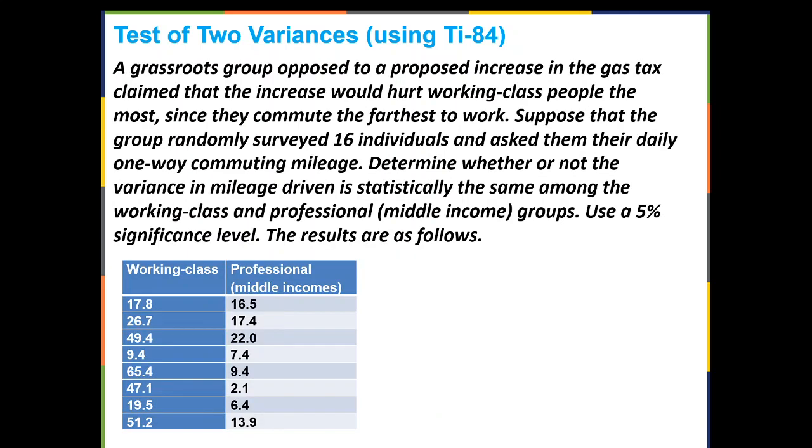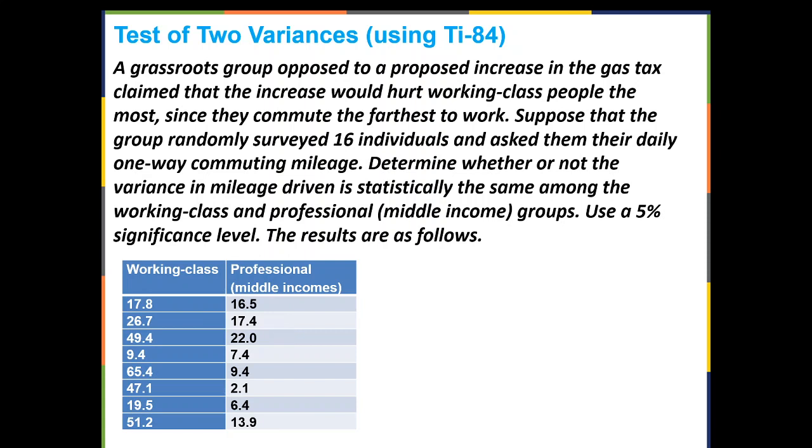All right, so here's another example. A grassroots group opposed to a proposed increase in the gas tax claimed that the increase would hurt working class people the most. Why do they think that?